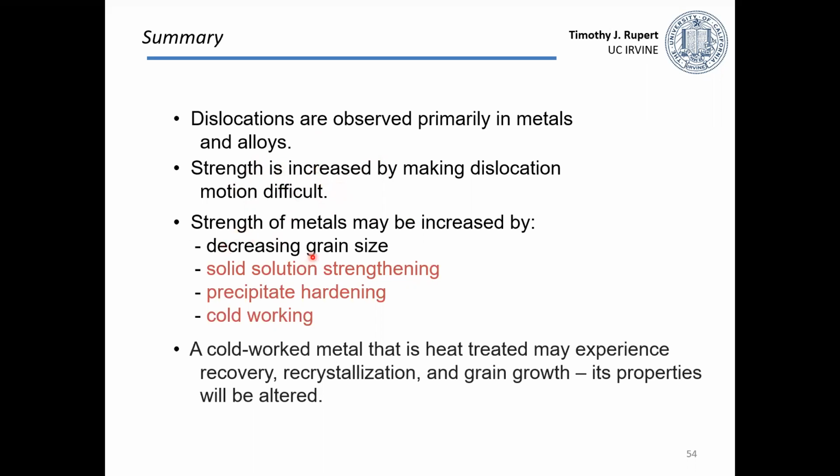We can do that by decreasing grain size, adding alloying elements, so we either have solid solution strengthening or precipitate hardening, or we can beat up our material, add dislocations themselves, which can serve as obstacles through what's called cold working. Okay. Now, once we heat up that cold worked material, we can have these different processes of recovery, recrystallization and grain growth happen.